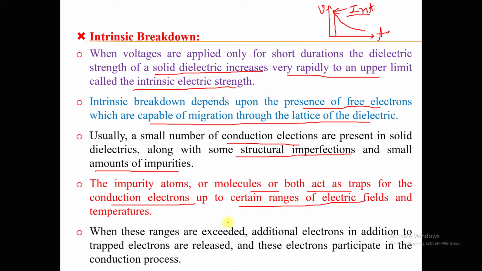When this range gets exceeded, additional electrons, in addition to the trapped electrons, get released, and they will participate in the conduction process, which is usually known as the ionization of the solid dielectric. So to observe the conduction phenomena, a minimum energy is needed which can dislodge the electron from the lattice of the solid structure.